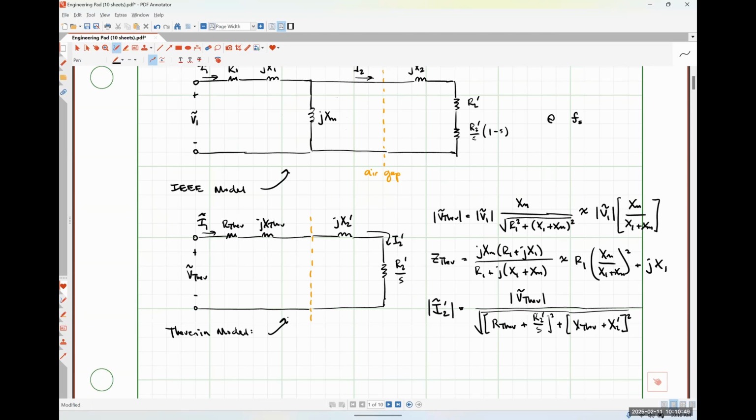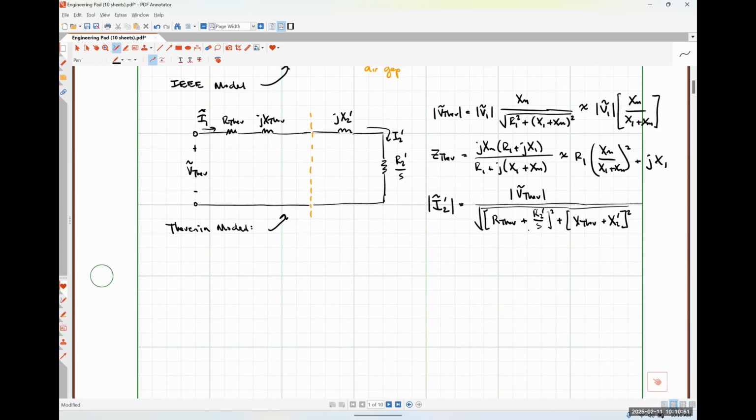All right. So just to recap that air gap power really quickly before we move along to the new relationships.